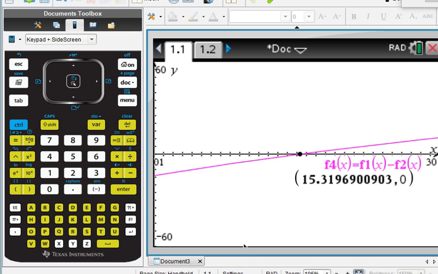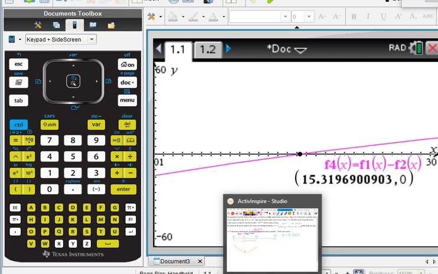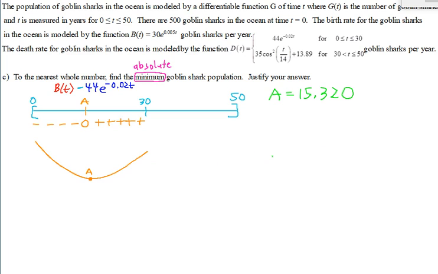All right, now let's look at the next part of the interval, from 30 to 50. So our overall derivative, b of t, doesn't change. You still have the same birth rate function. But what's different is now we have to subtract the second part of the d of t function from 30 to 50.